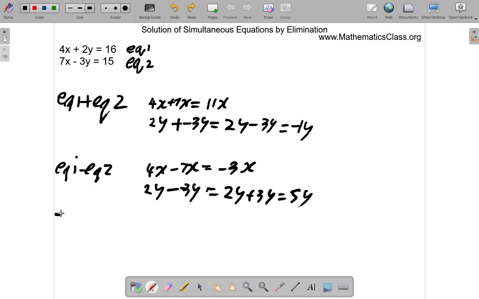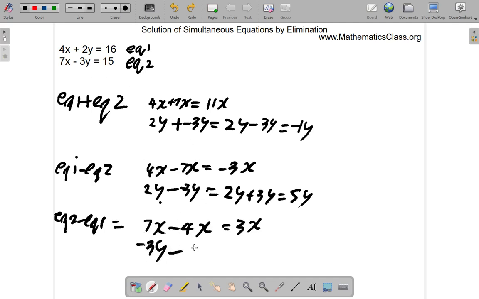Even if you do equation 2 minus equation 1, down here minus up here, for the x part you would say 7x minus 4x gives you 3x. X is still there, and negative 3y down here minus the 2y up here would give you negative 5y.